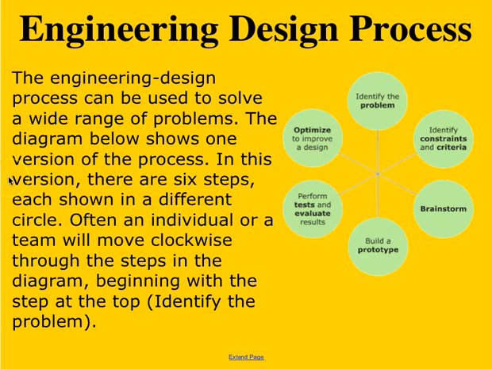The engineering design process can be used to solve a wide range of problems. The diagram, which is off to the side here, shows one version of the process. In this version, there are 6 steps, each shown in a different circle. Often an individual or a team will move clockwise through the steps in the diagram, beginning with the step at the top, which is identify the problem.